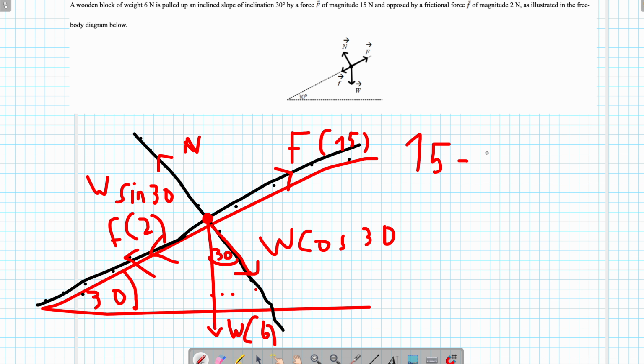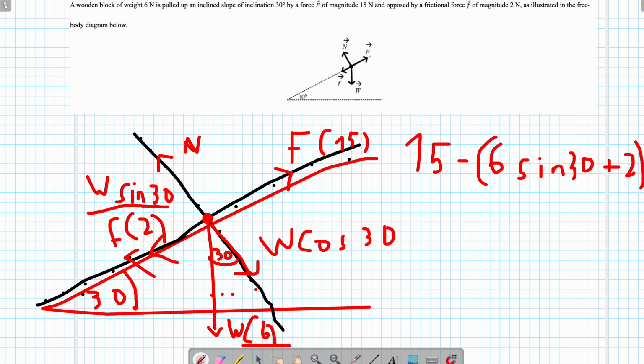So 15 minus, as we said, the weight is 6, 6 sine 30, plus 2. Make sure to put the 6 sine 30 and 2 in parentheses because it really matters.